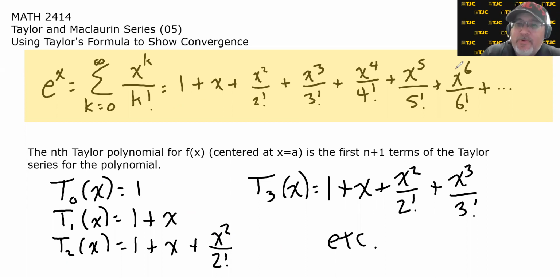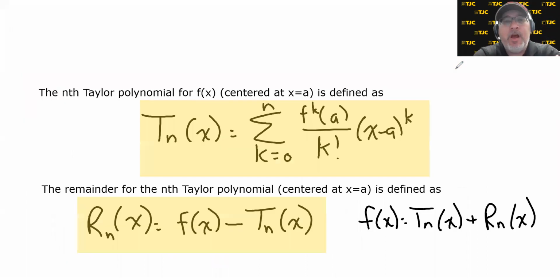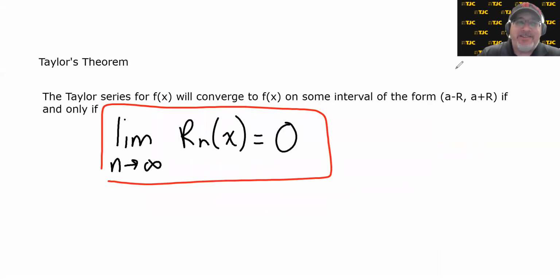We defined the Taylor polynomial by simply saying stop the series. And then we defined the remainder by saying take our original function and subtract a Taylor polynomial. Then we had Taylor's theorem that said the series converges to the function if and only if the limit of the remainder is 0.